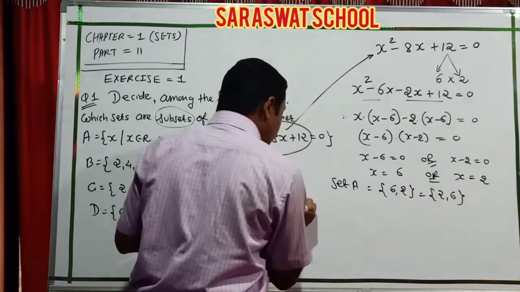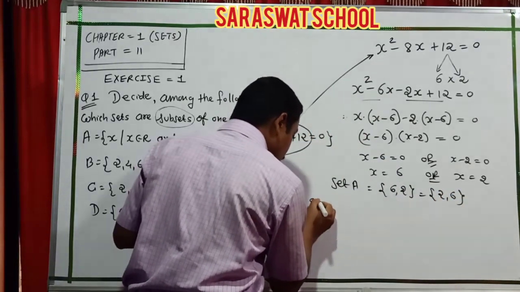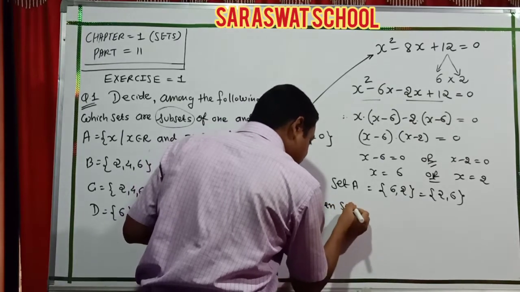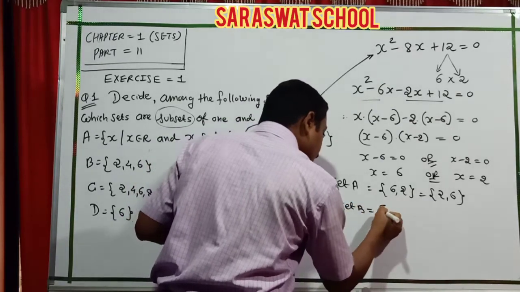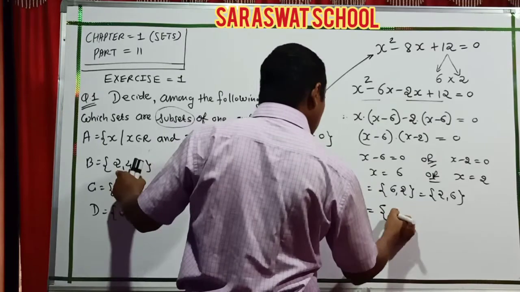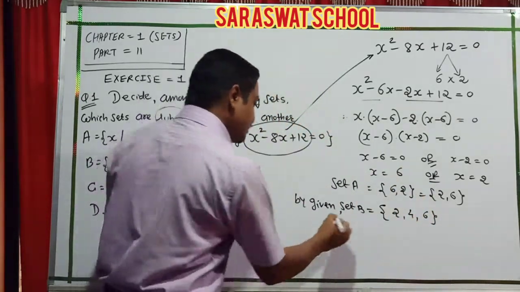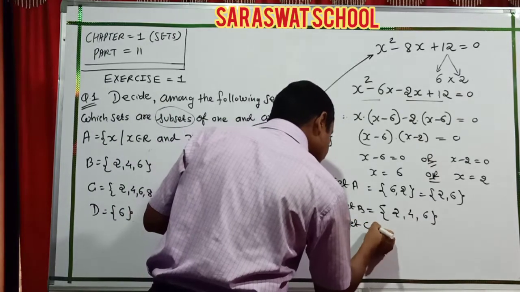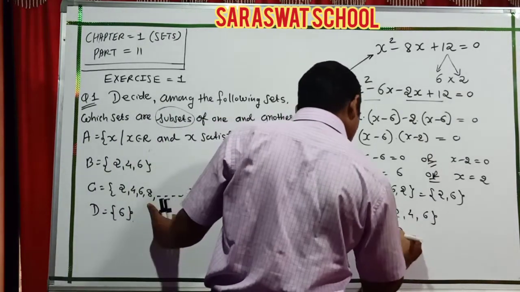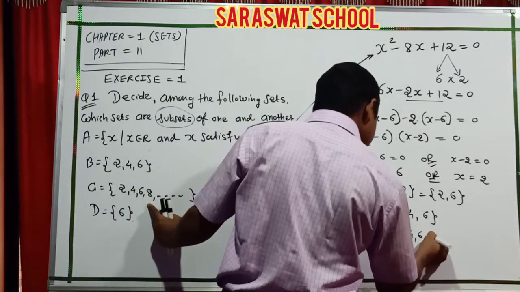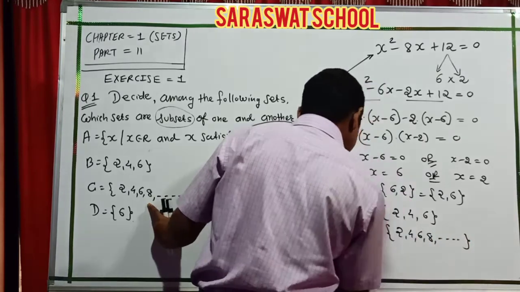Now students, according to the given, set B is 2, 4, 6. Same as set C also: 2, 4, 6, 8, and so on.